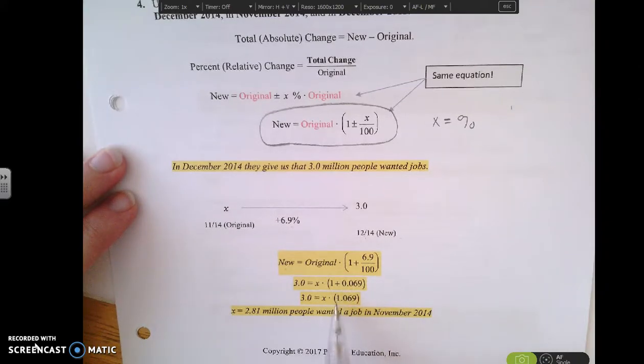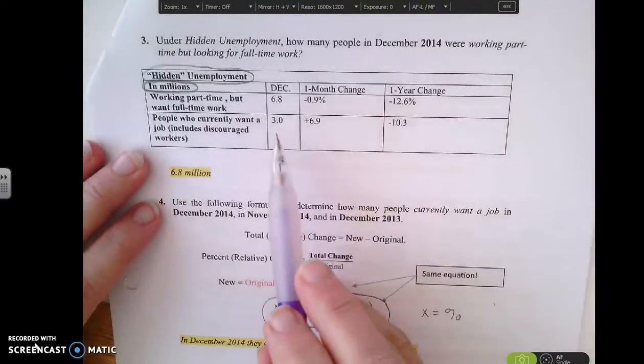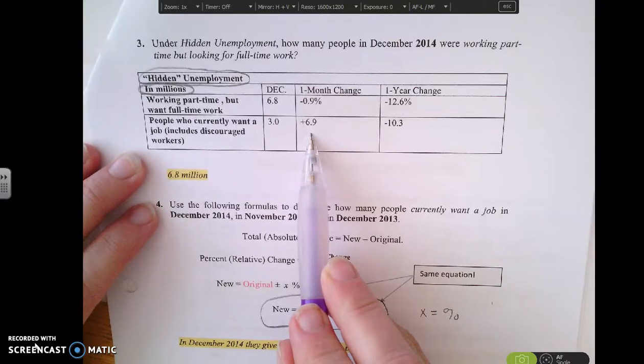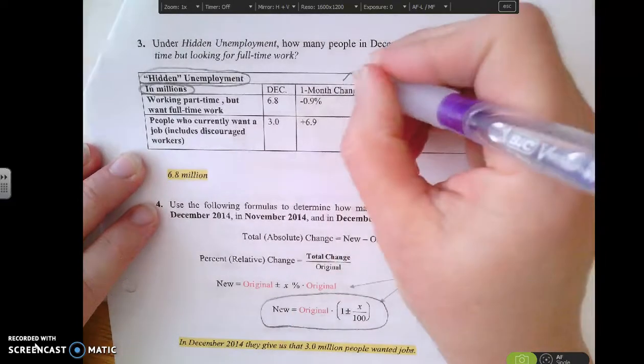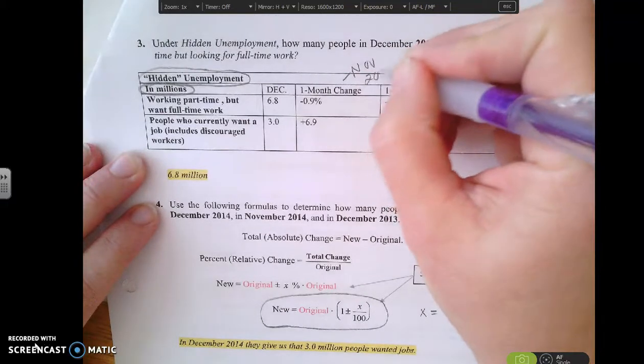Add the 1, divide by 1.069, and I get that 2.81 million people wanted a job in November 2014. So let's look at this again: 3 million people in December was a 6.9% increase from the month before, so this would be November 2014.